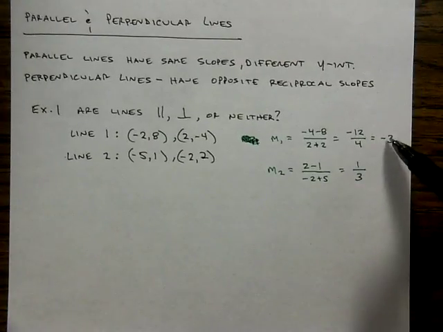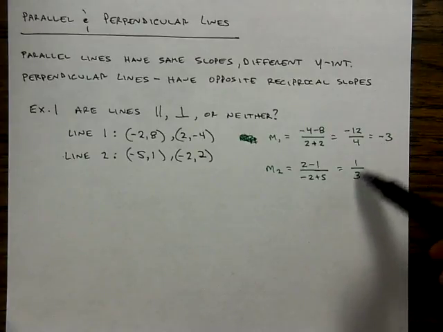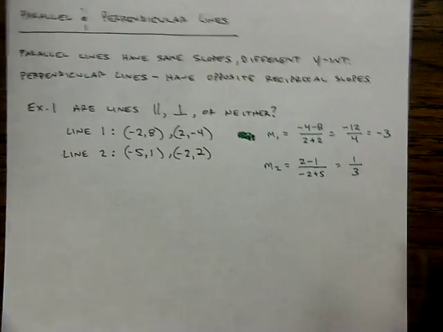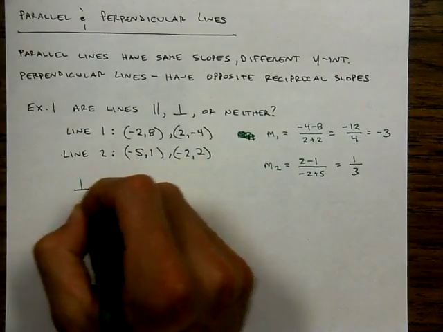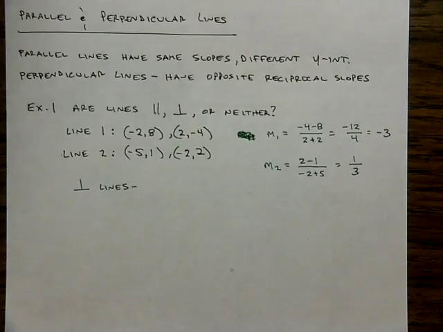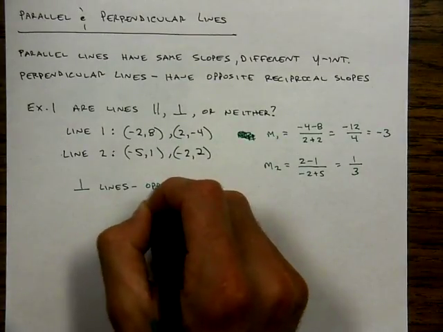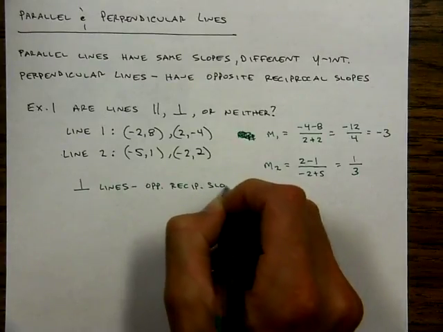So when I look at these, I can see that these are opposites. One is negative and one is positive, and they are reciprocals. 3 and 1/3 are reciprocals of each other, which means that these are perpendicular. And I'm just going to give a very quick explanation and say these are opposite reciprocal slopes.